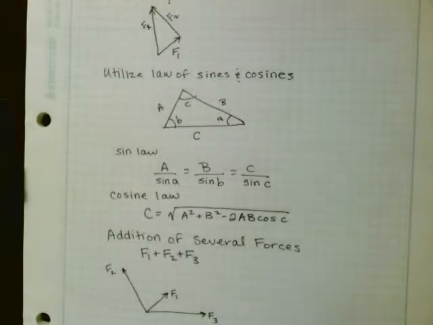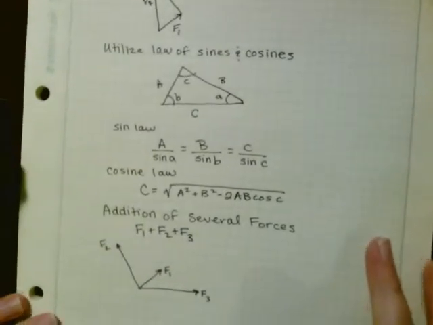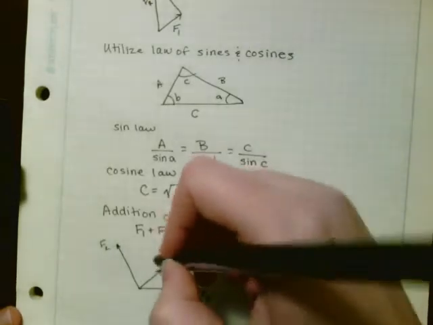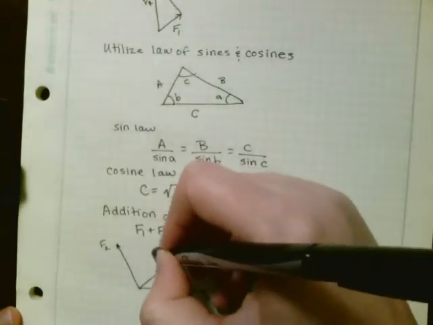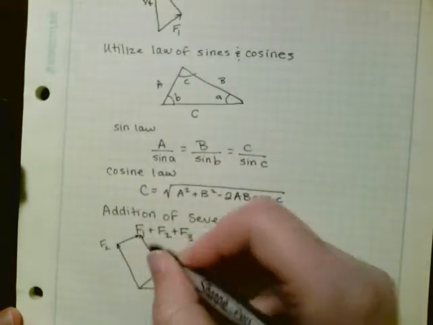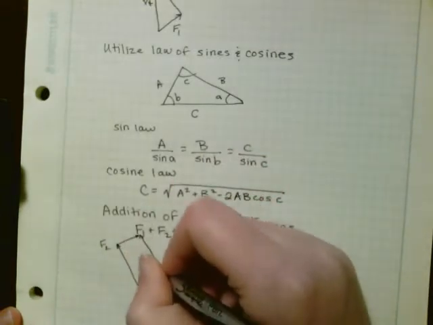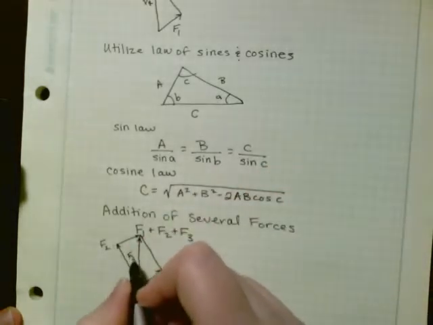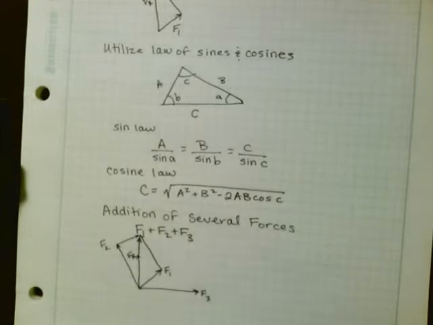So the first thing we can do is solve for F1 plus F2. So if we make our little parallelogram with F1 and F2, we find that F1 plus F2 is this. I'll call that FR12.